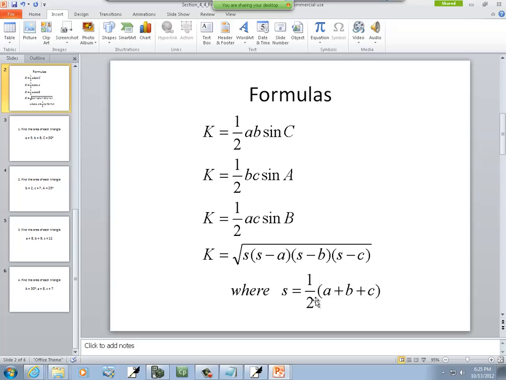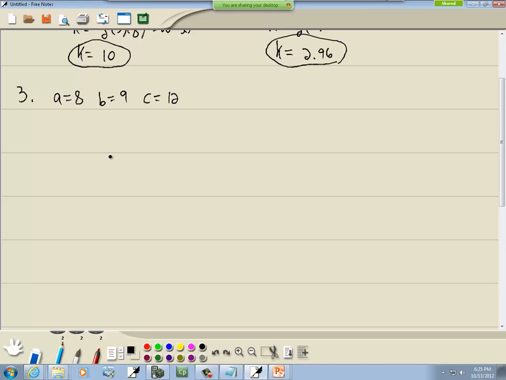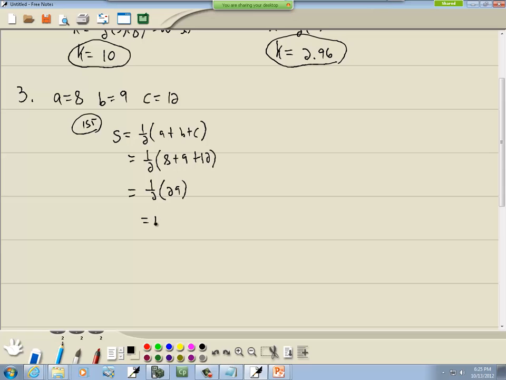First we have to find S. S is equal to 1/2 times A plus B plus C. So that gives us 1/2 times 8 plus 9 plus 12. 29, 14.5, I believe. Yeah, 14.5. So that's S.